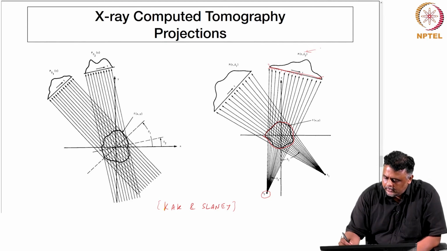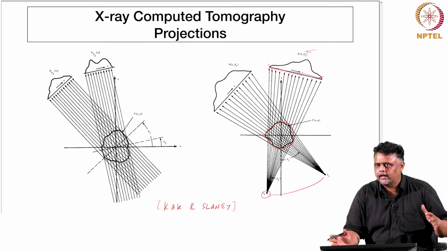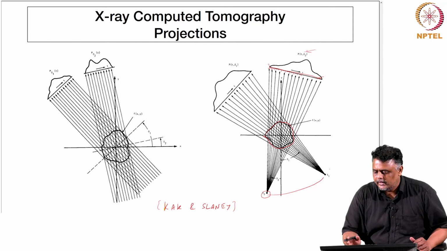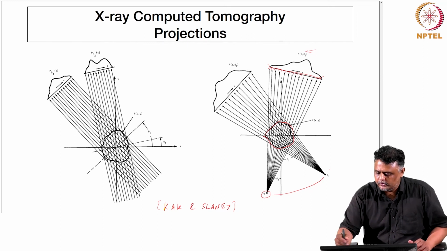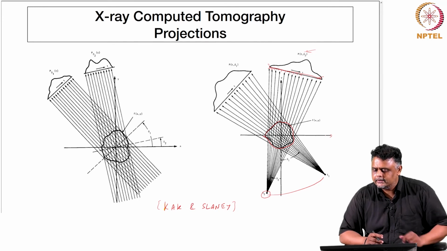You can do this by rotating your X-ray beam and detector configuration around the patient, and for every angle theta with respect to, let us say, the x axis, you can collect these projection measurements.